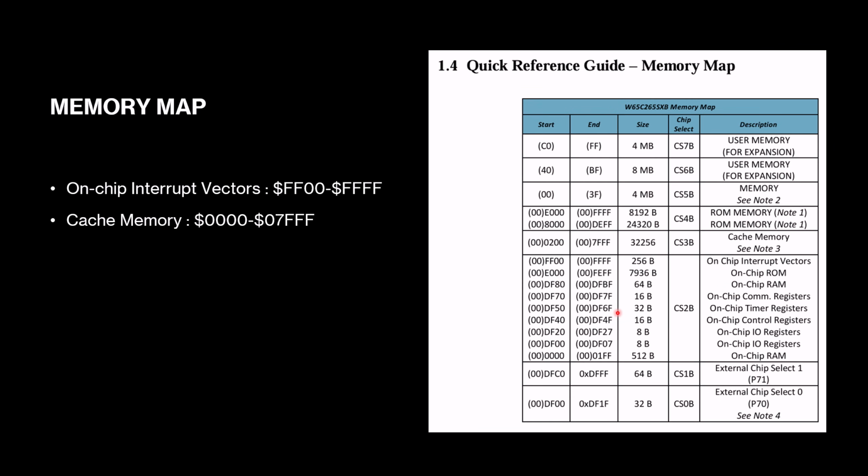Some of the important ones are FF00 through FFFF. That is where the default interrupt vectors are. This is in the chip itself, and it's programmed so that if you hit certain types of interrupts, it jumps to a certain location within the monitor ROM. If you want to change that behavior, you've got to replace this internal ROM with external ROM, or do this shadow ROM. Again, I'm going to come back to that later.